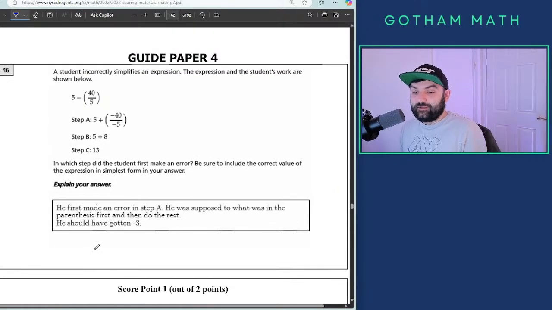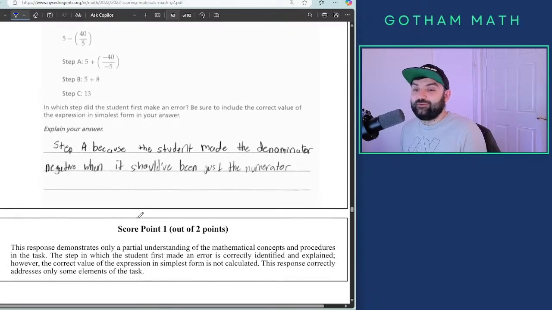This one: he first made an error in step A. He was supposed to do what was in the parentheses first and then do the rest. He should have gotten -3. Step A, because the student made the denominator negative when it shouldn't have been. Oh, that's not bad. I feel like that was a good explanation.